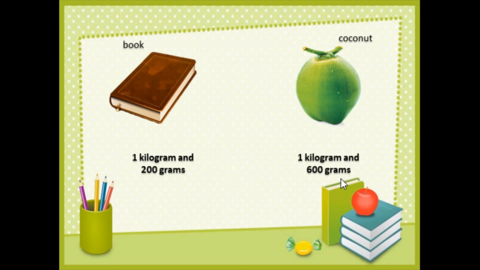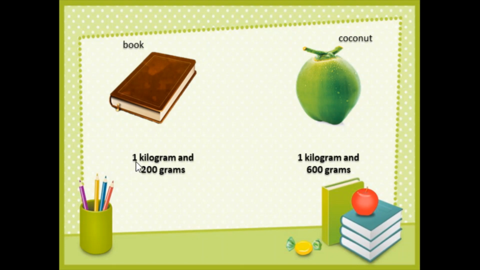Now, let's follow the rule again. Now this time there are 2 units. We have kilogram and we also have grams. So the rule is we need to look at the value of the kilogram first before looking into the gram.